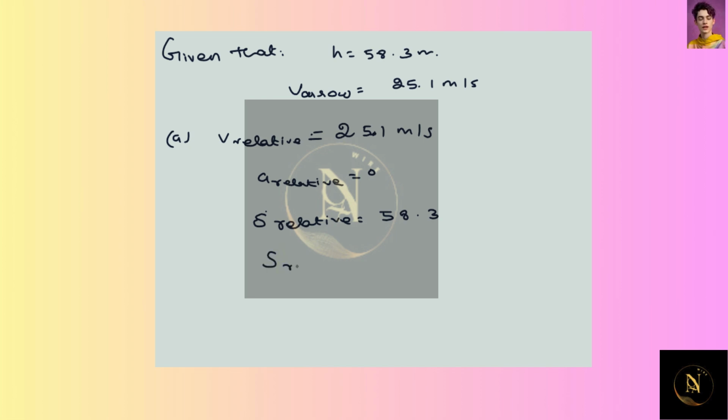So S relative is equal to V relative times T. So from this, T is equal to 58.3 divided by 25.1, which is equal to 2.3225. Therefore the value of T is equal to 2.3225 seconds.